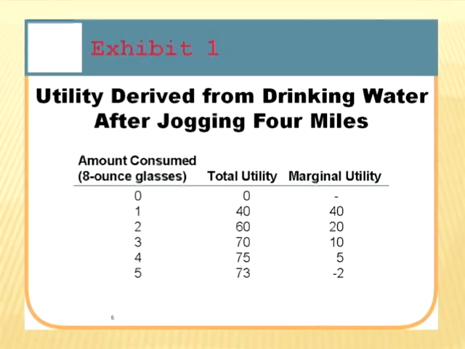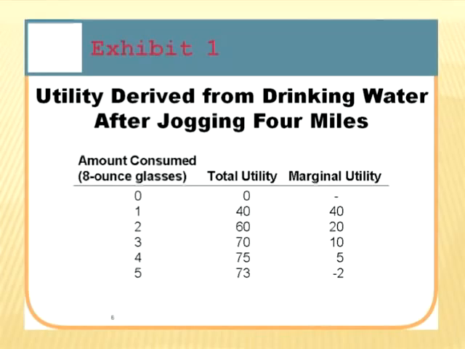And so we see that the first through the fourth glasses actually add to the total amount of satisfaction that they receive as a result of consuming the good. However, notice that as they consume more and more of the good, the additional satisfaction, that is the marginal utility, actually declines. So the first glass is the best. The first glass does the best job of satisfying your thirst.